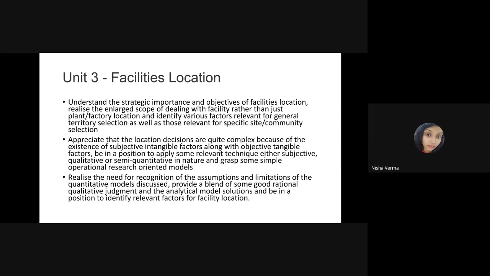However, the concept of plant location has now changed into facility location. And since this facility could include the production or operation or service system, the term plant has been traditionally used synonymously with factory, manufacturing or assembly unit.